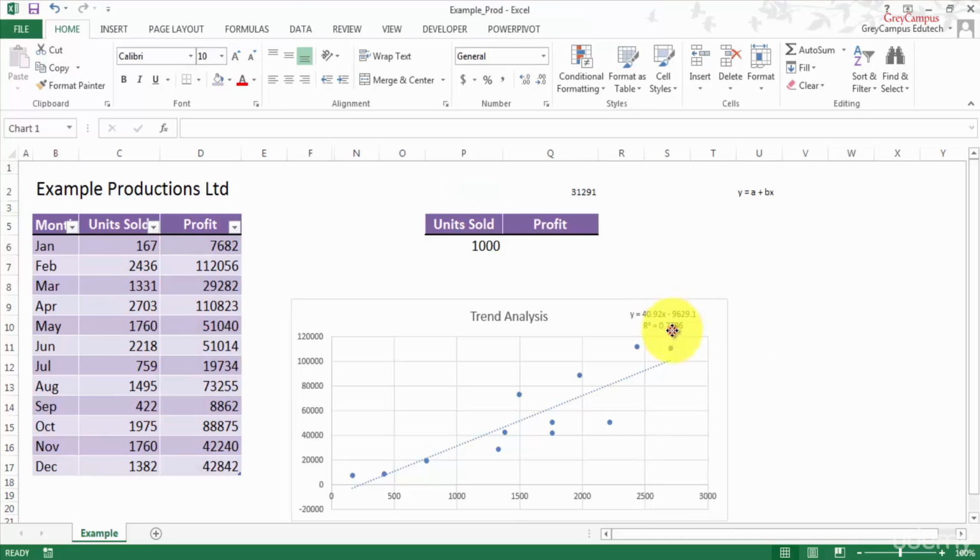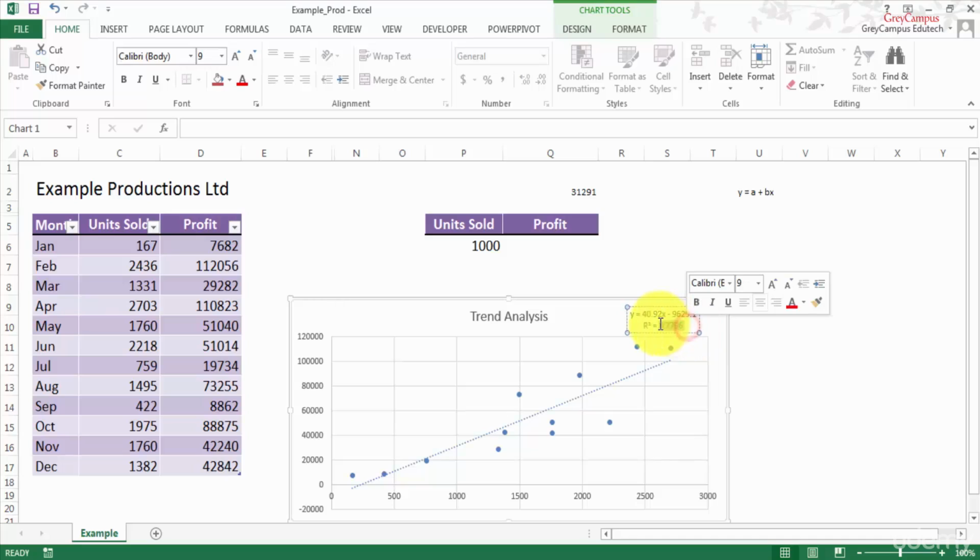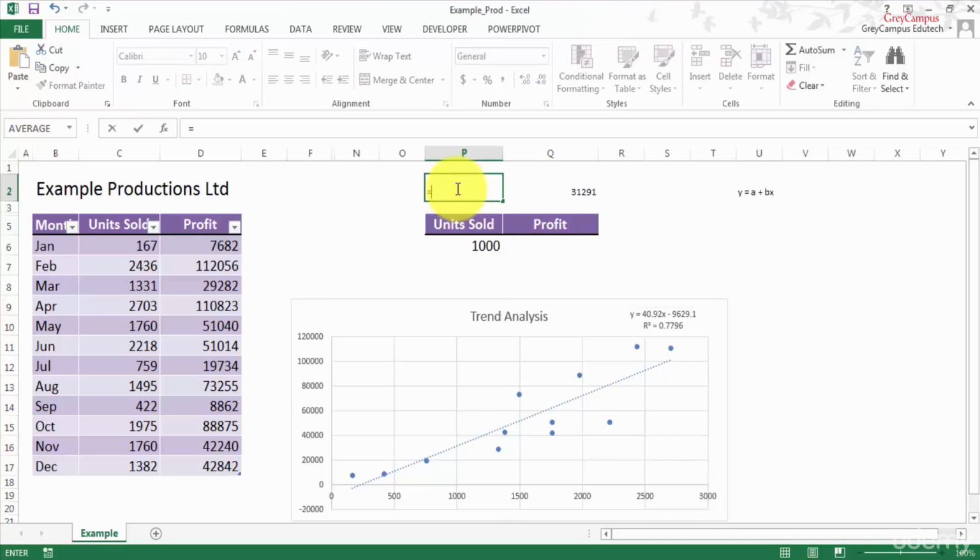So the variation level here is, see, this is my data. Variation will be equal to 1 minus this particular data. If you convert it into percentage, it will be 22.04% deviation.